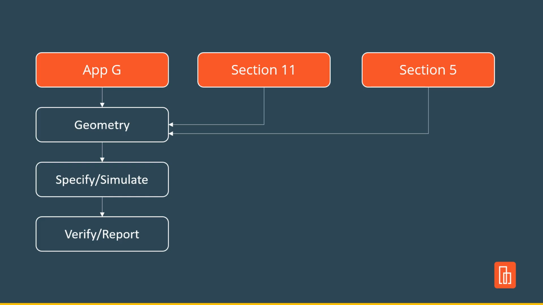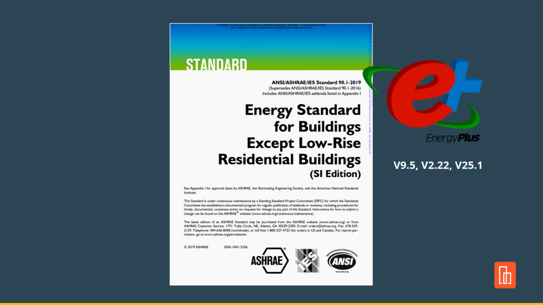So arguably, these arrows could almost be backwards, but the process of multiple dual compliance, three compliance pathways in this case, is pretty simple to do once you've got the basis of Appendix G, which we have, and once you have Section 11 in play, automatically Section 5 comes into play, and we can start actually looking at other sections from a prescriptive modelling requirement as well. So this is effectively our philosophy of what people should be doing. You should be doing multiple compliance workflows to see what works for you best.